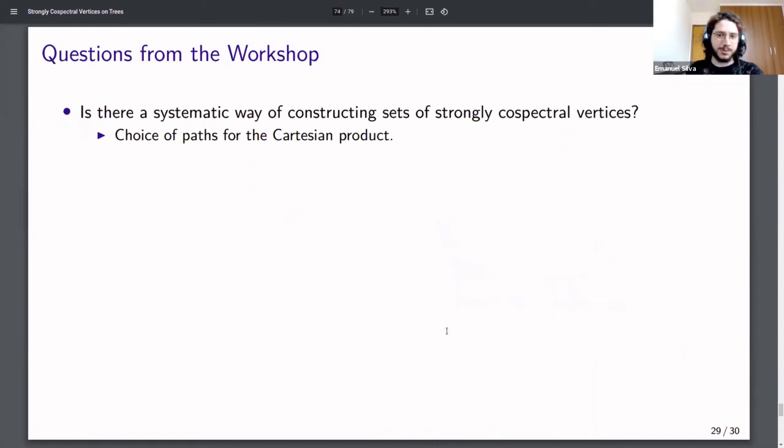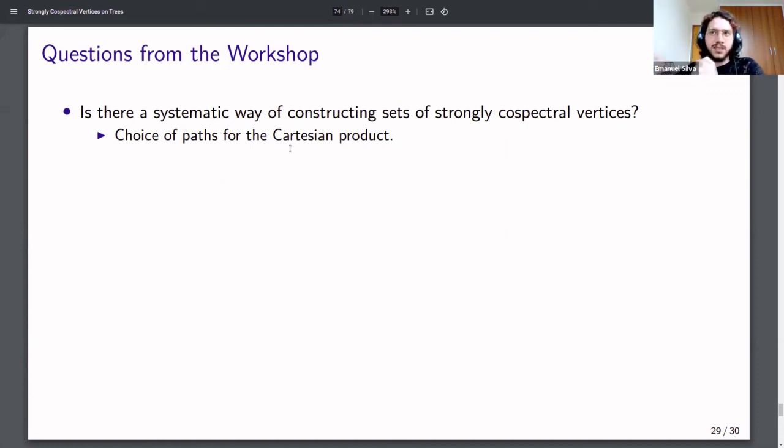And now, just to finalize the talk, during the workshop, I presented a poster with this subject, and some questions arrived. So, for example, I was talking with Sophia about the general construction of sets of strongly cospectral vertices. P2 Cartesian P3 gave us a set of size 4. P2 Cartesian P3 Cartesian P4 gave us a set of size 8.